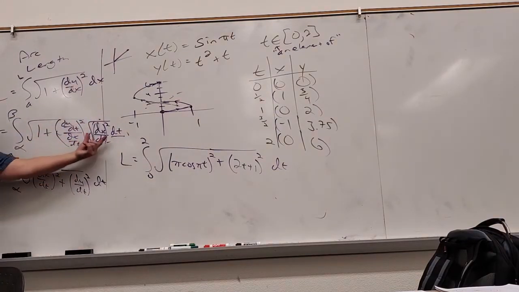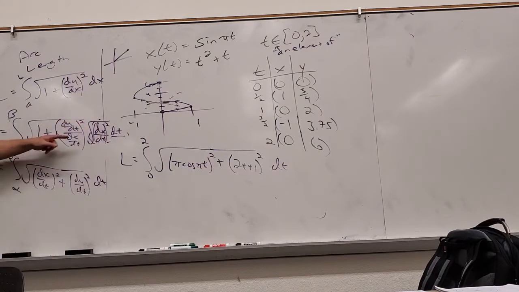Then I'm allowed to multiply this in, and it cancels with that, and it shows up there. Okay. Not a huge part of this class, but it's in there. It's something we can do with parametric curves.